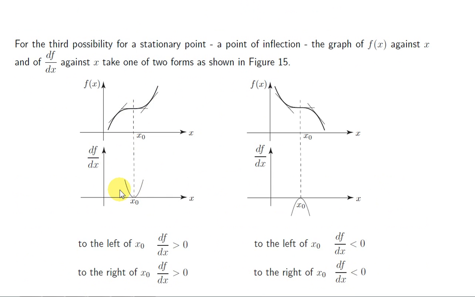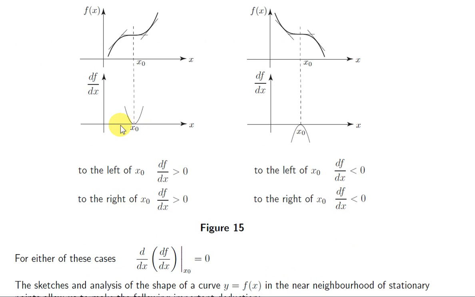So this is a graph of df dx. It's positive for values of x in the neighborhood of x0. Now, the slope of the tangent to this graph at x0 is 0, which is a horizontal line. So that means that the derivative of this function df dx, or d2f dx2, at x0 is 0.